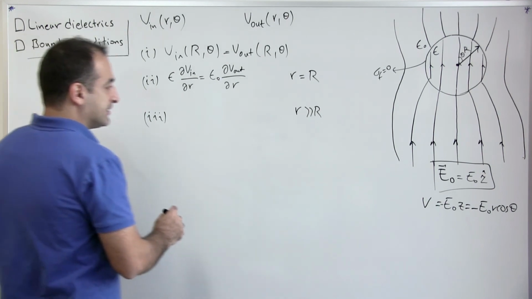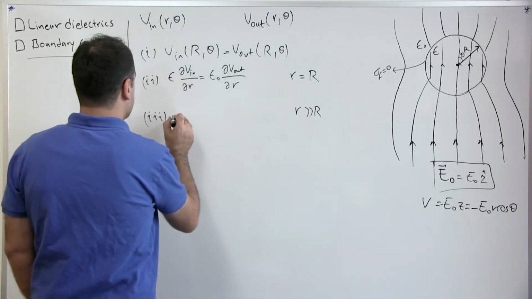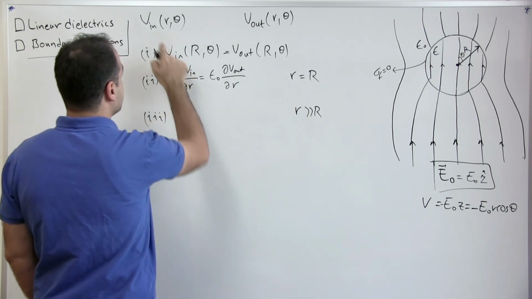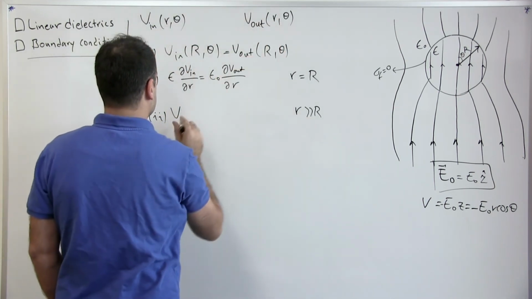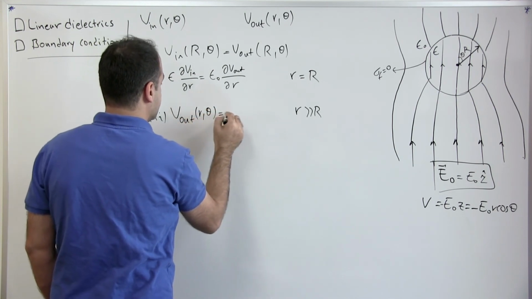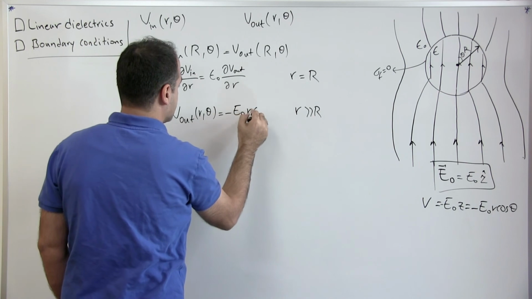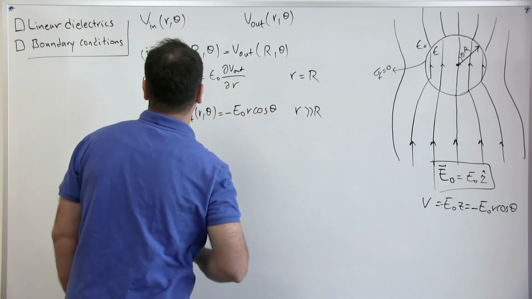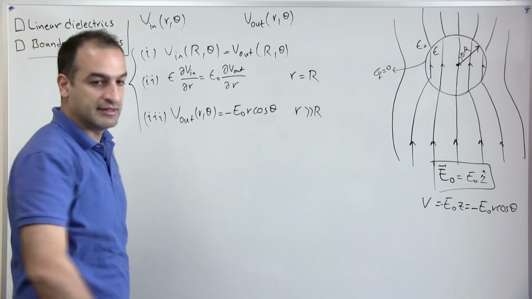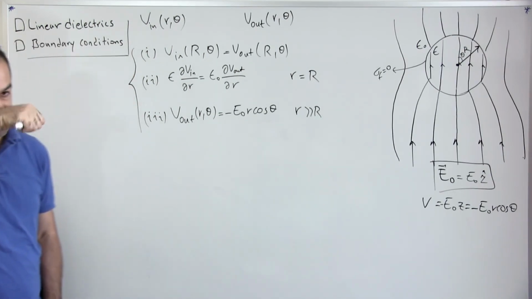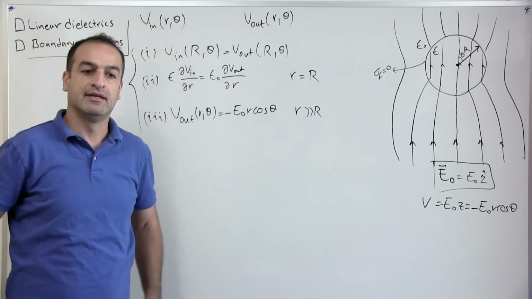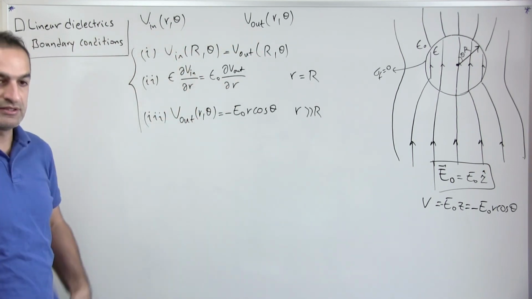So boundary condition number 3 is at r much greater than R, V out of r, theta should be negative of E naught r cosine theta. These are the 3 boundary conditions that we have, and we need to find V in and V out based on these 3 boundary conditions.